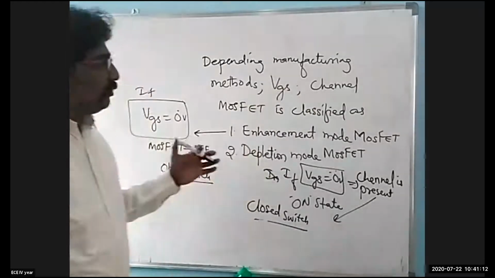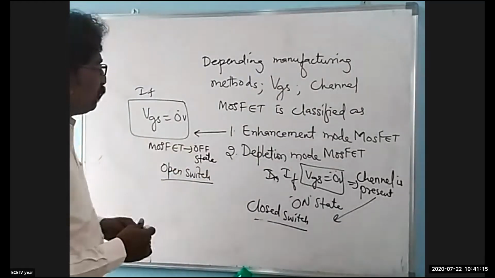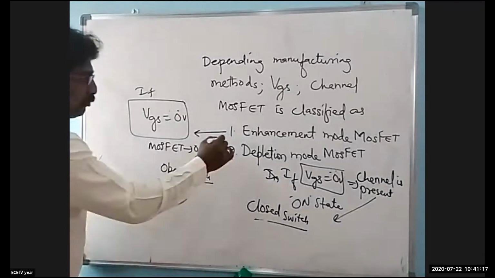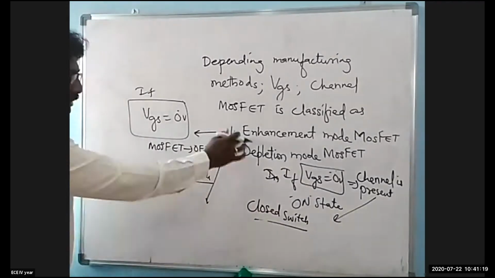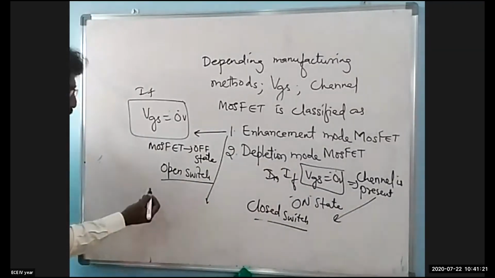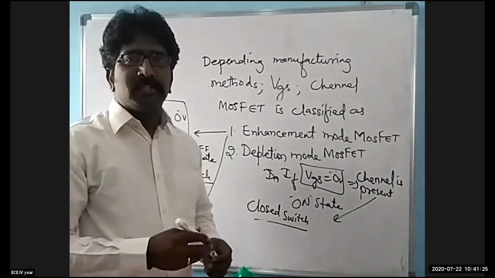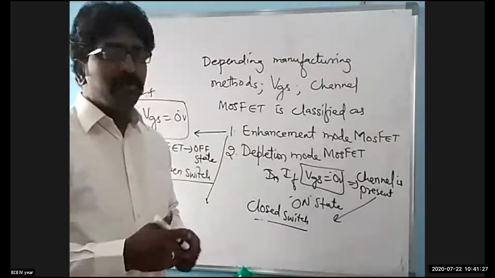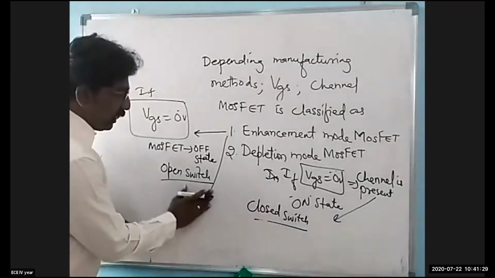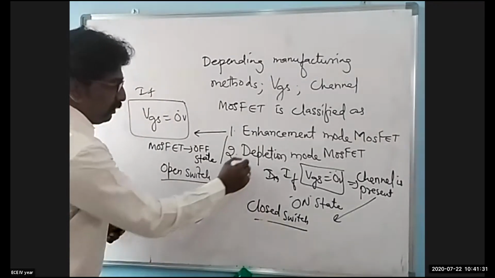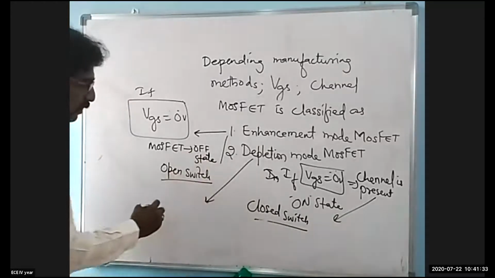So let us see the symbols of the enhancement mode and depletion mode. See, I'm drawing over here. Enhancement mode MOSFETs are similar to the nMos and pMos structures I have drawn in the previous case. But coming to this one, I'll draw only the depletion mode symbols.